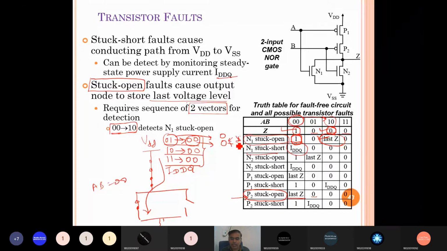So we have to make the faulty and fault free outputs different to detect any fault. Is it clear? Any questions?